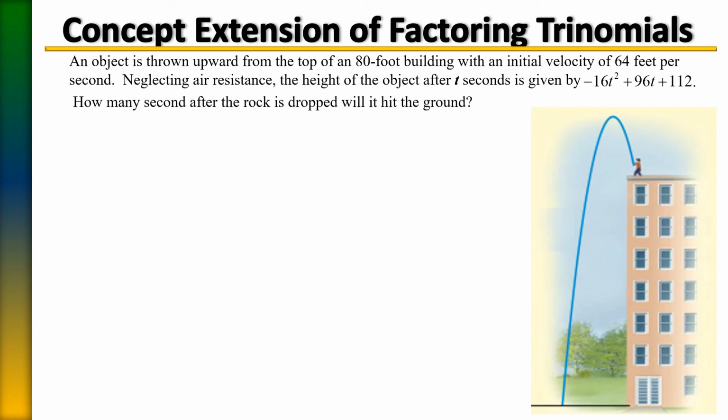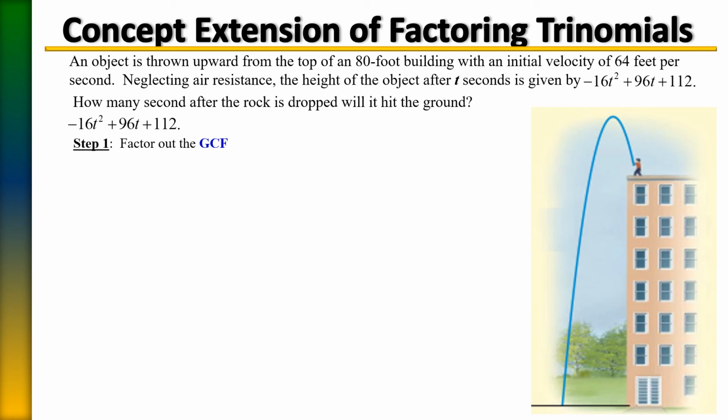First, all we need to do in this whole word problem, the equation is already set up for us. Here's our equation, negative 16t squared plus 96t plus 112. And what we want to do is take the GCF out of that equation. Once we do that, we're left with a trinomial that needs to be factored further.